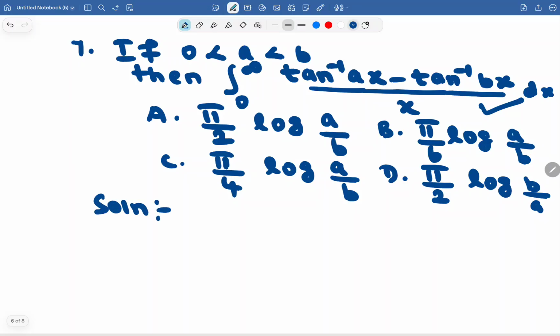For this problem, I am going to apply DUIS, or Leibniz rule. DUIS means differentiation under integral sign.